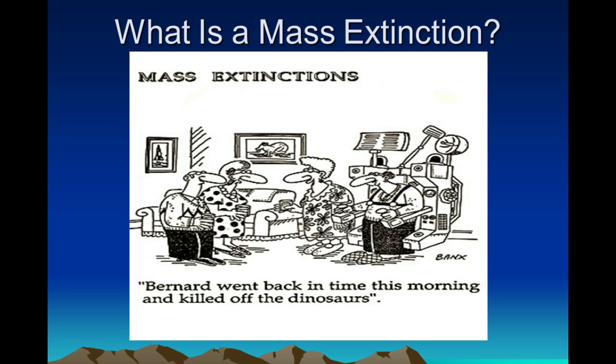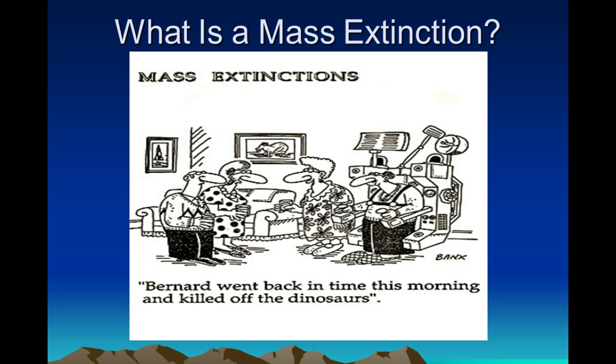So what exactly is a mass extinction? Write in your notes that a mass extinction is an episode in evolutionary history where more than 50% of all known living species at that time went extinct in a short period of time.